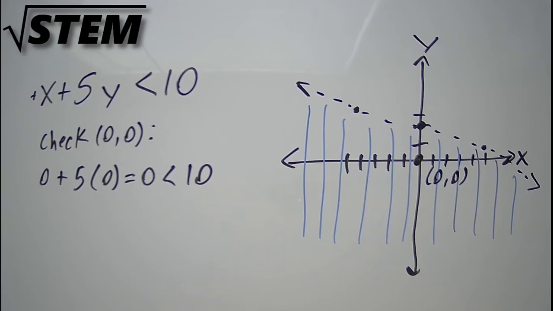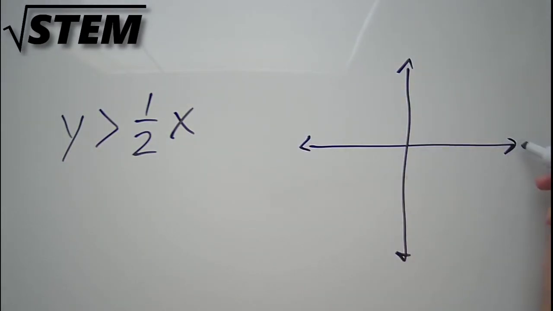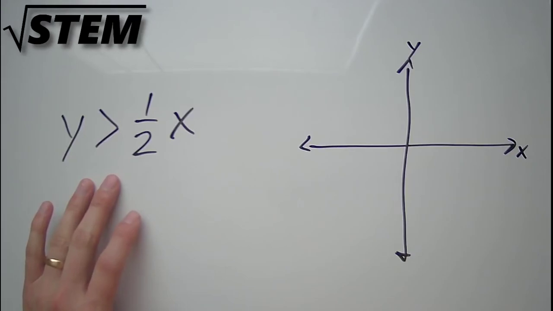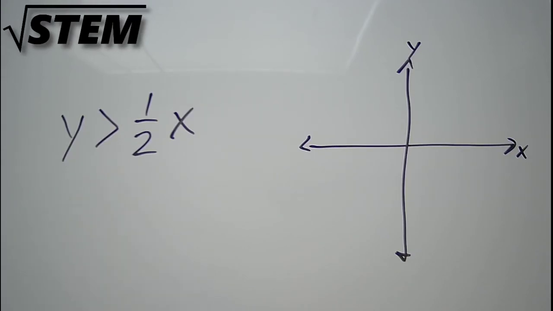Okay, let's go for one more. So, this one is already solved for mx plus b form, so we don't actually have to do any extra work to start to graph this.